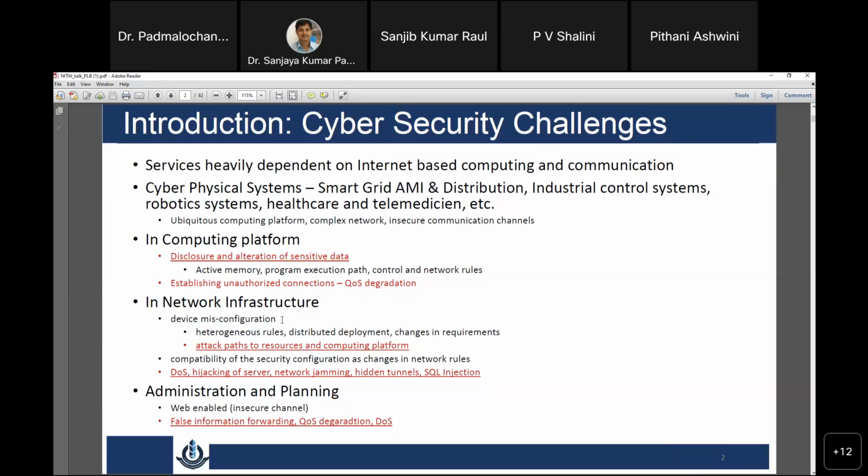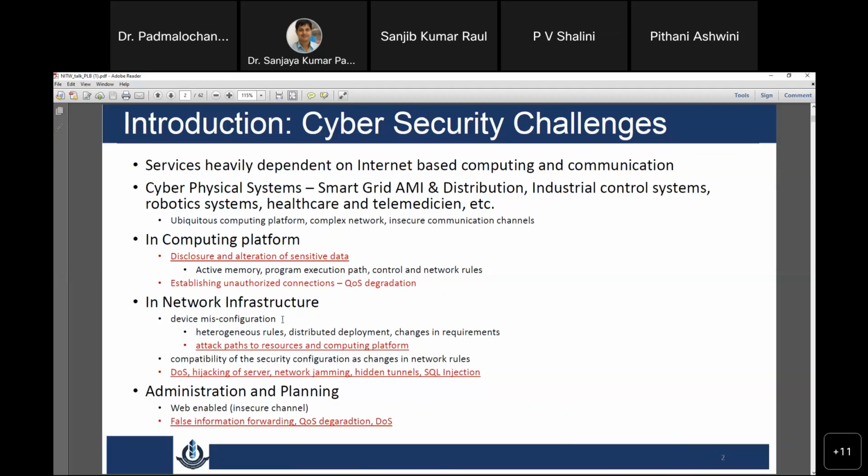You have to look at what the dependencies are between this device and other devices connected in the network. Until and unless you configure all the devices together with respect to a particular attack requirement, the security protections can be bypassed by the attacker.